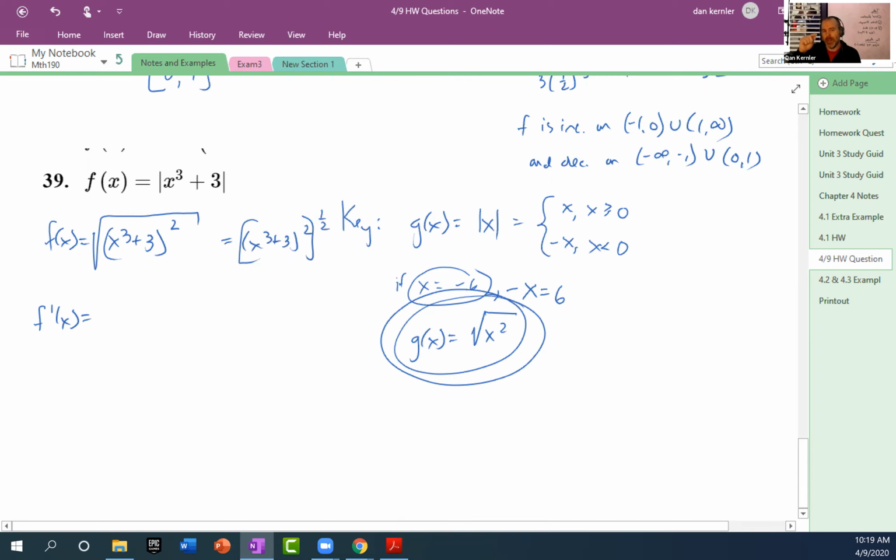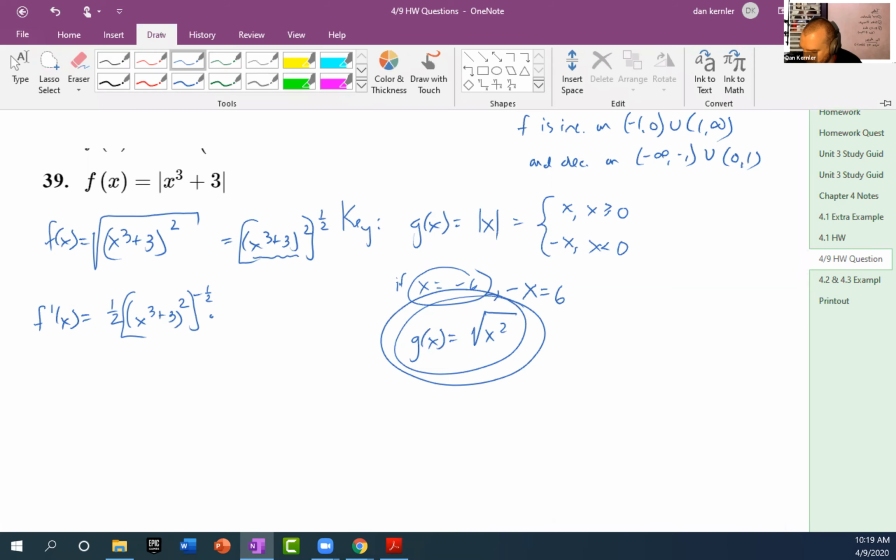Now you might want to multiply those and just call it to the first, but the whole point is that's the absolute value, and we did this so we wouldn't have the absolute value. So we're going to do a double chain rule. 1/2 x cubed plus 3 squared to the -1/2. And then we're going to multiply by the derivative of the inside.